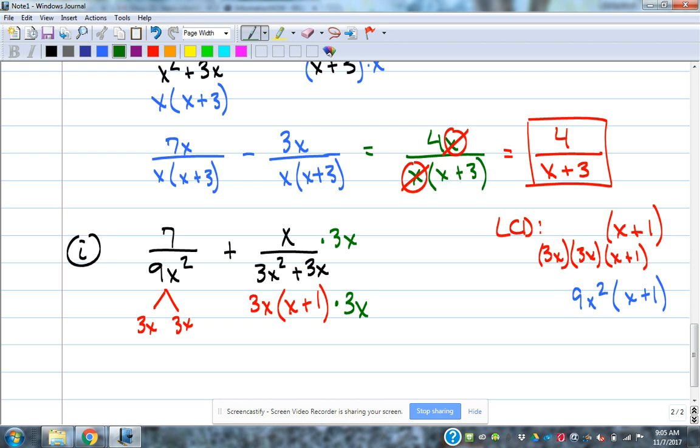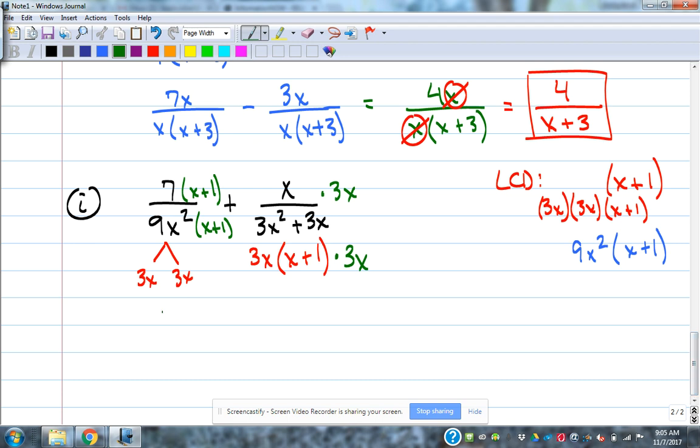It just needs the x plus 1. So that'd be 7x plus 7 over 9x squared, x plus 1, plus 3x squared over 9x squared, x plus 1.